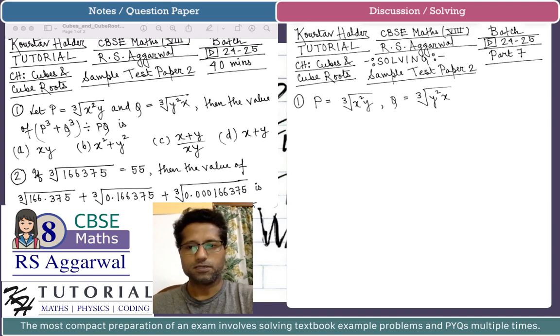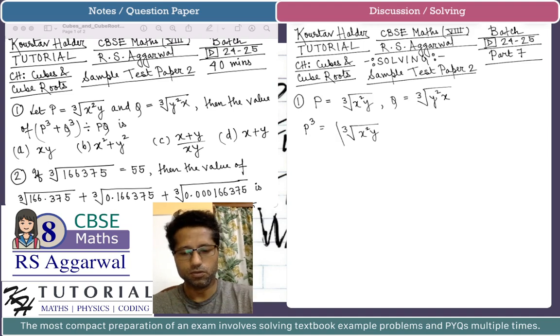Okay, so let's find out what is P cube. P cube will be, P is cube root of x square y, this whole cubed.